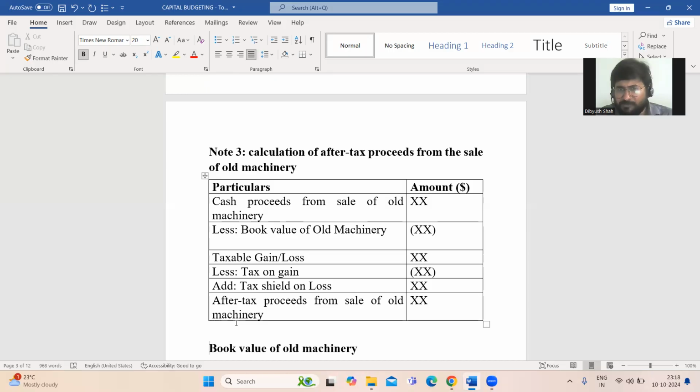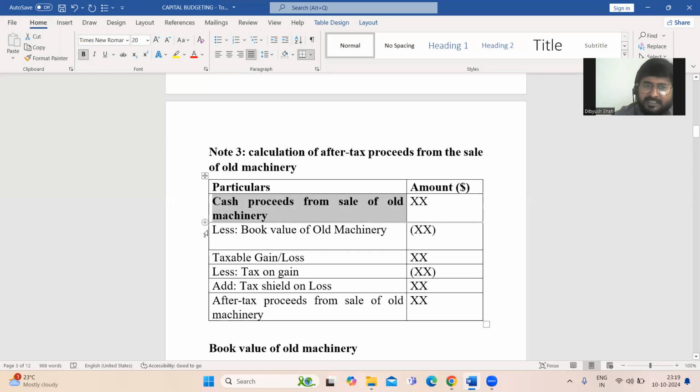If cash proceeds is greater than carrying value, you will have a gain. If cash proceeds is less than carrying value, you will have a loss. So you will compare your cash proceeds with carrying value or book value.